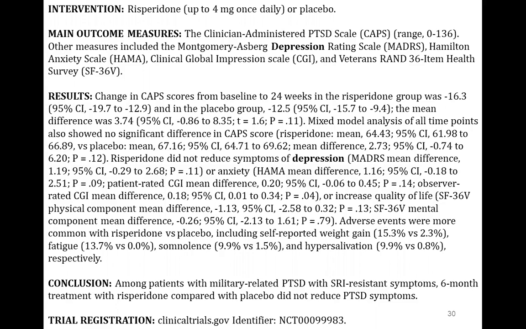I'm going to give you the various kinds of study designs that are used for drug studies. And you'll see that there are many different kinds of placebos that you can have. So in this case, they probably compared risperidone to taking the pill, right? So they gave the patients a pill that looked the same. And there are other kinds of placebos.